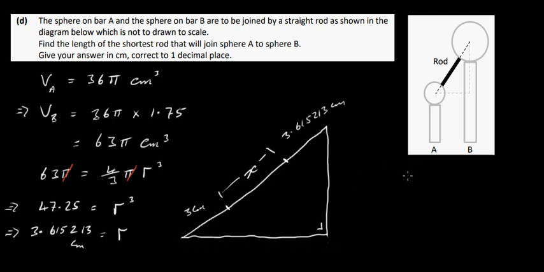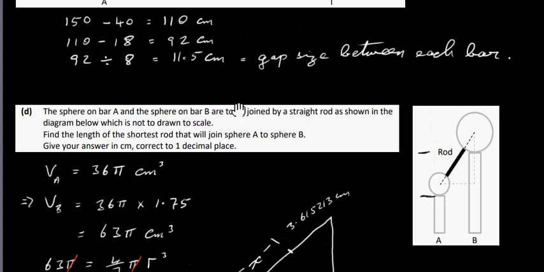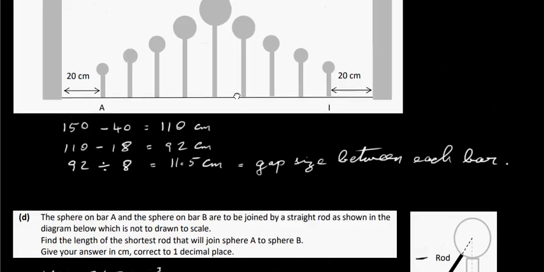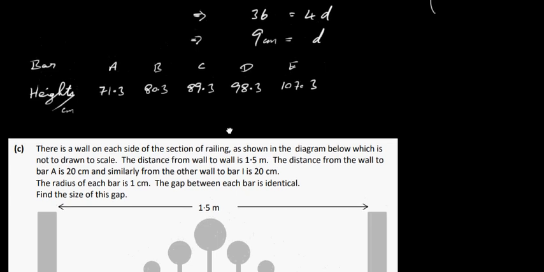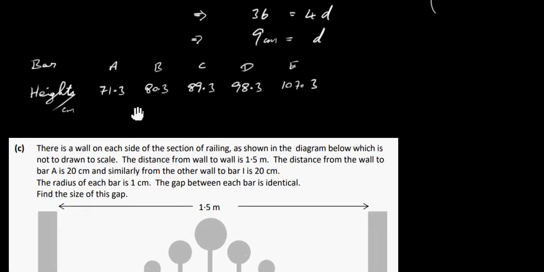Okay, so how are we going to do that? Well, let's have a look. We know that the distance from here to here, in other words the rod height difference, is 9 centimeters, because we just worked out in the previous section that the cylinder heights or the bar heights go up by 9 centimeters each time.